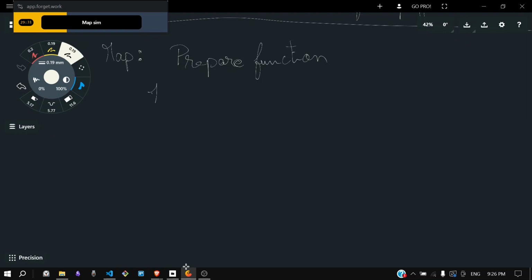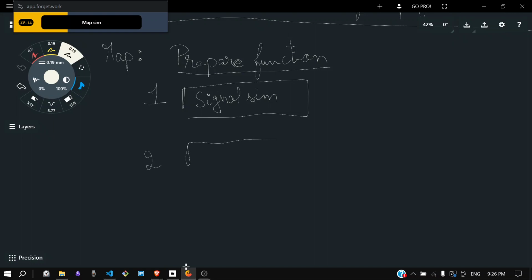So I'm going to put big one. This is within functions. We have big one, signal sim.